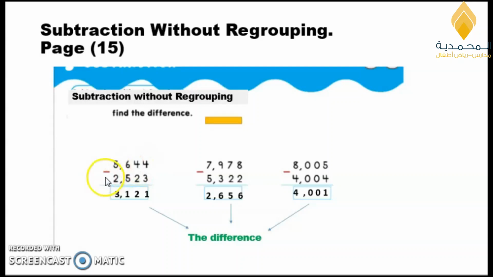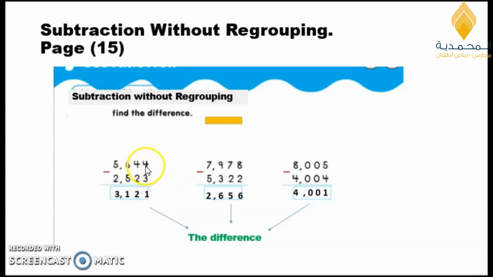5,644 minus 2,523. The first step is to line up the digits. It means the ones over each other, then the tens, then the hundreds, and finally the thousands. Students, you have to start subtraction from the ones place.